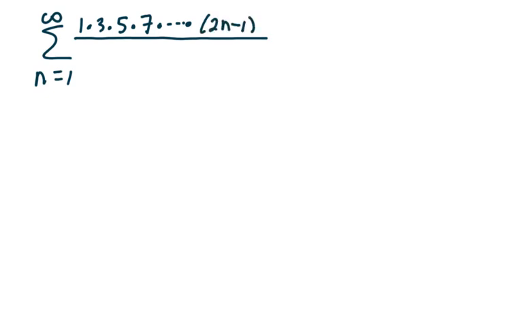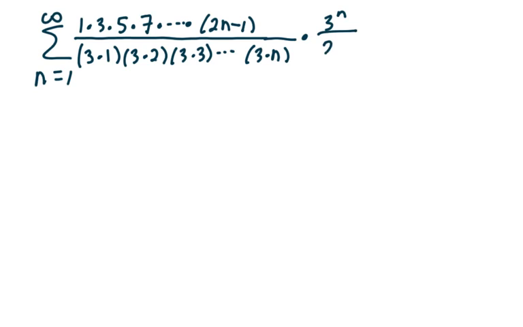Now in the bottom, I'm going to write this as 3 times 1, 3 times 2, 3 times 3, all the way through 3 times n. It's subtle, all right?